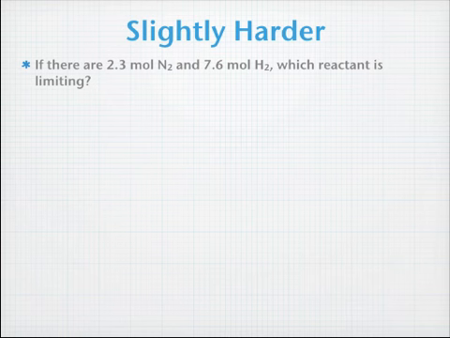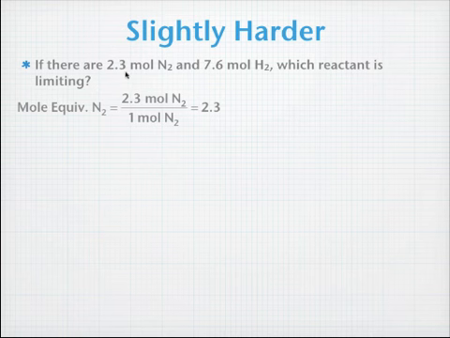So now we have 2.3 moles of nitrogen and 7.6 moles of hydrogen. This is going to be a little harder because you really can't see the ratio here without trying. So for the mole equivalent of nitrogen, again, we're going to take the 2.3 moles and put it in the numerator. This 1 mole came from the balanced chemical equation.